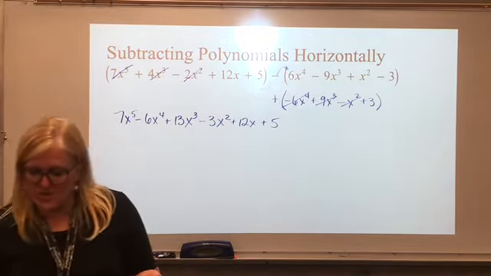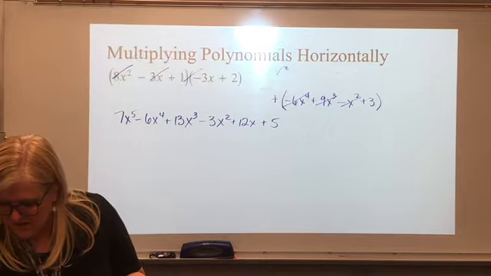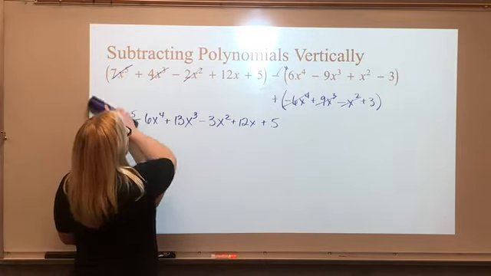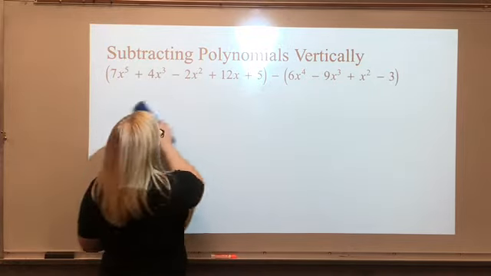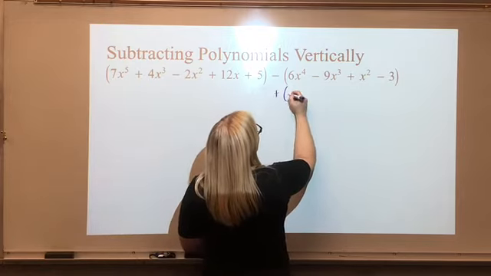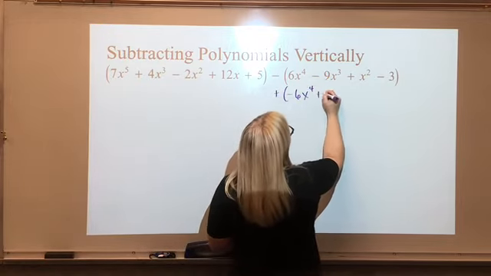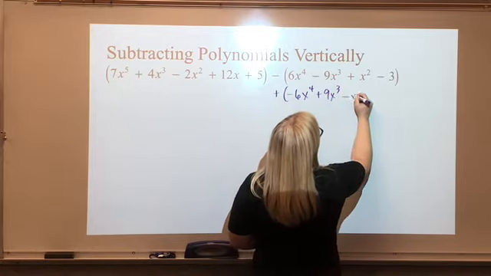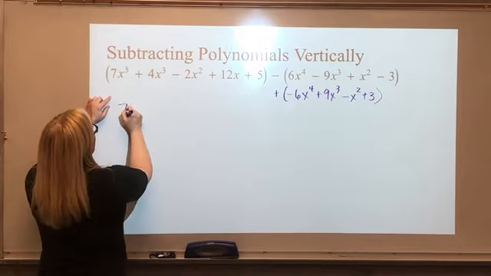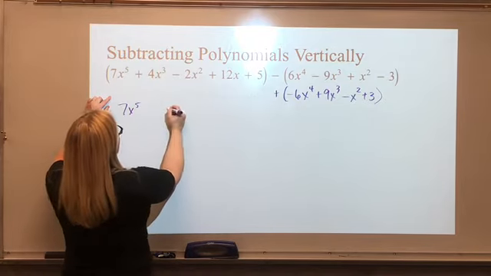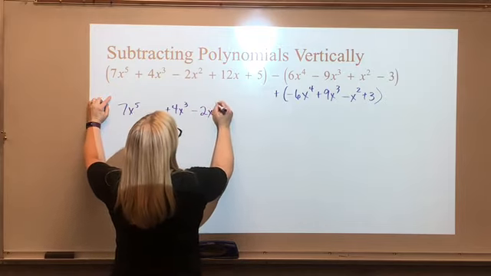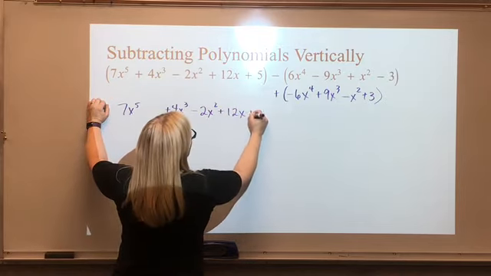Okay, so how would I do this vertically? I would do it the same way that I did the addition problem. So again, I'm going to change this to negative 6x to the 4th plus 9x cubed minus x squared plus 3. And if I line them up again, I've got 7x to the 5th, I'm going to leave a space, plus 4x cubed minus 2x squared plus 12x plus 5.